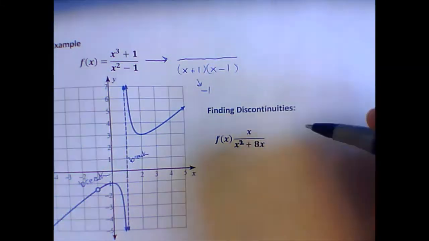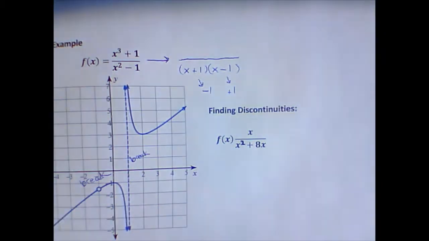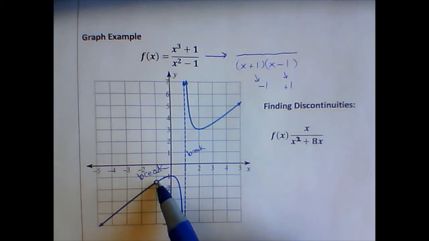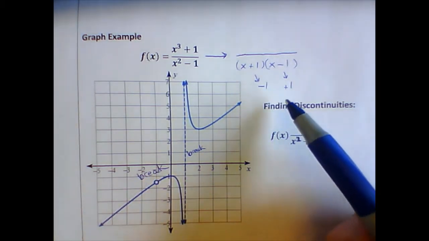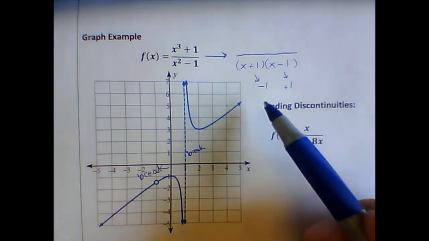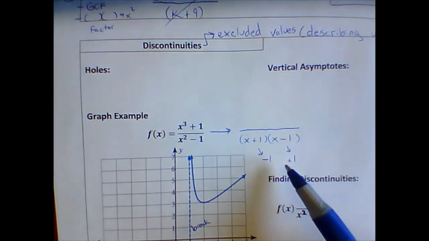This guy will produce a -1. That's where that group goes to 0, and the back group, +1. And if you look at the graph, at -1, there's a discontinuity, and at +1, there's that very big break in the graph. Those are discontinuities.